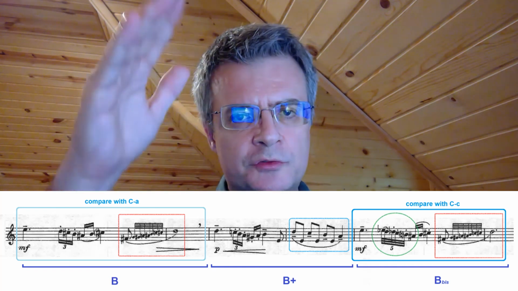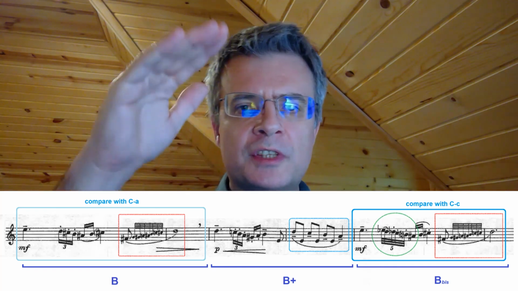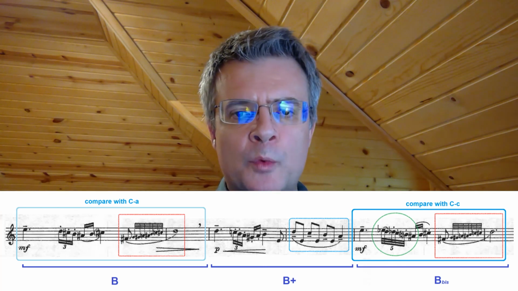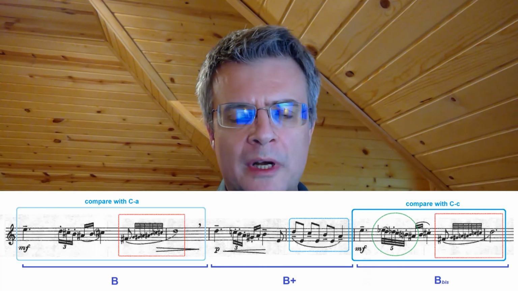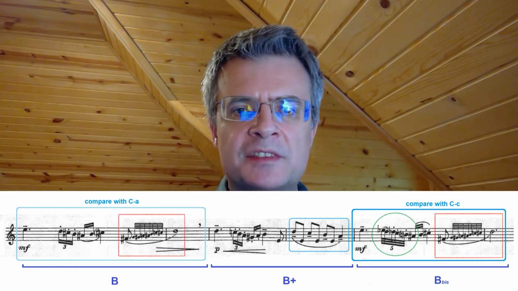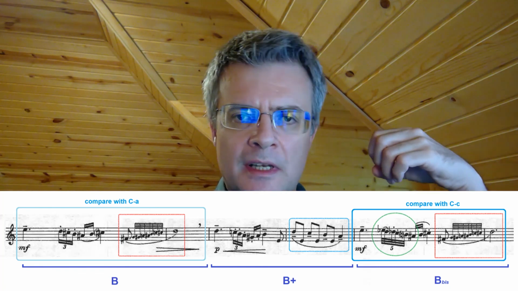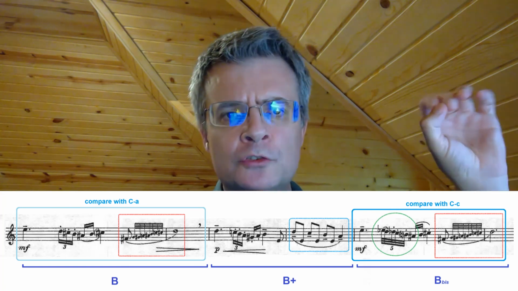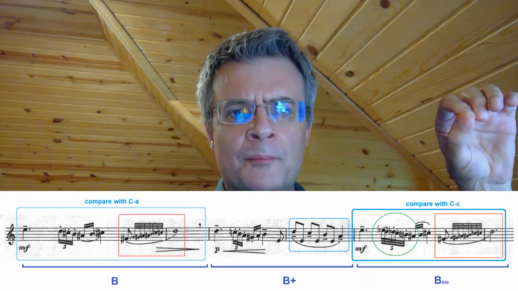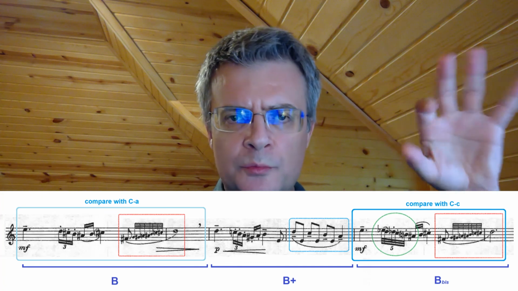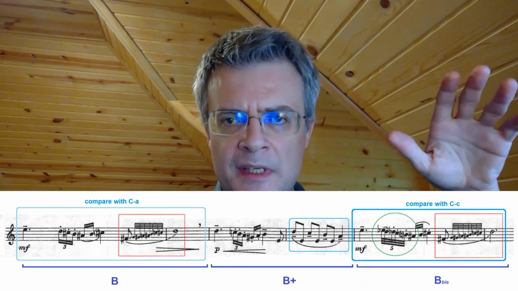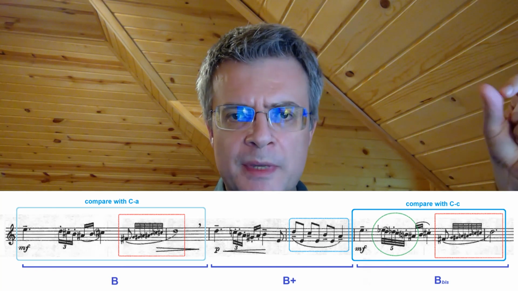So this is this structure of a fixed voice and a moving voice in neighboring steps. When we reach omega, which happens twice, we'll see that it's realized slightly different, but this element in B plus anticipates omega. So we have B, B plus with this element of anticipation, and B bis, which is essentially the same as B.